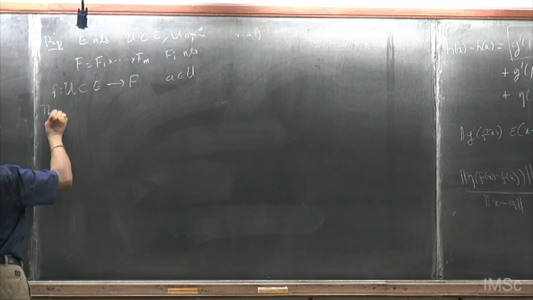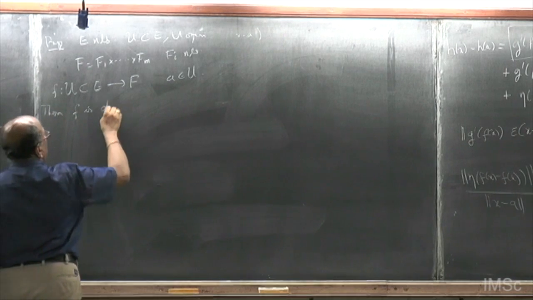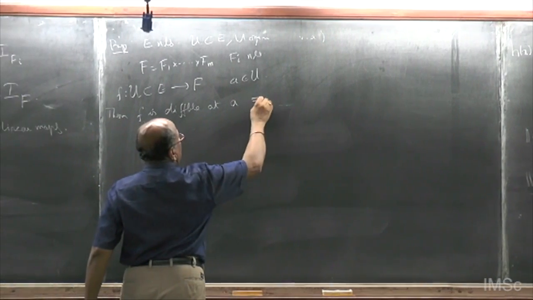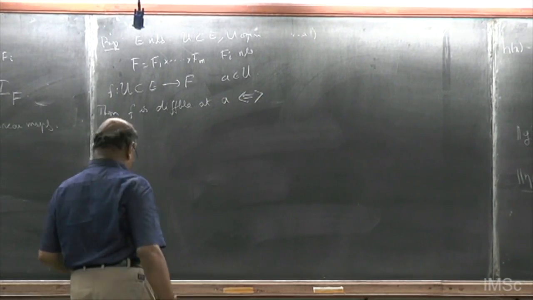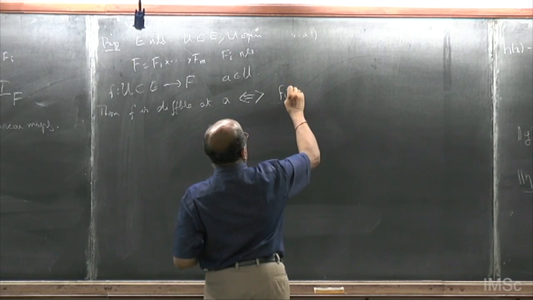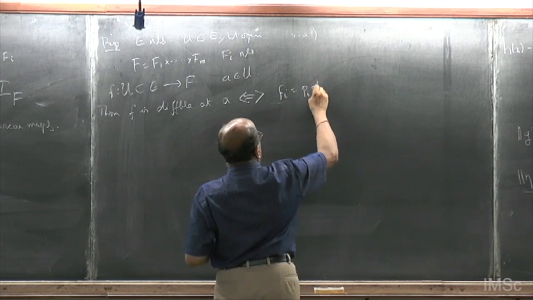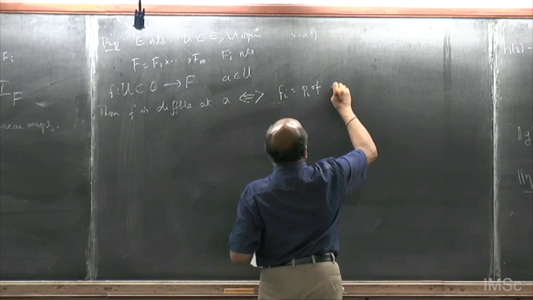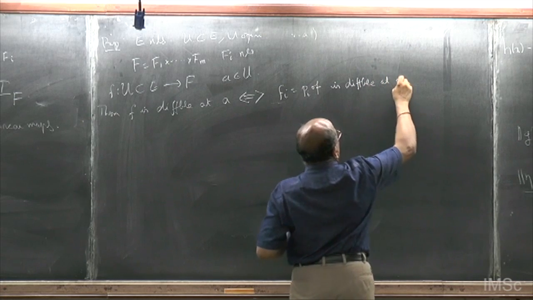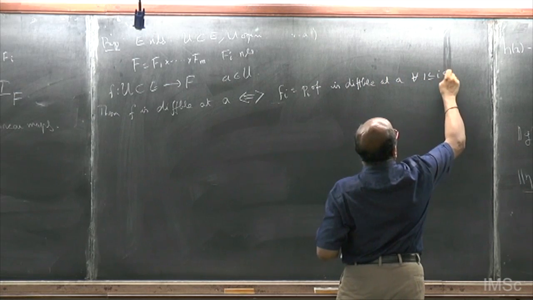Then f is differentiable at a if and only if fi, which is pi composed with f, is differentiable at a for all 1 less than or equal to i less than or equal to m.